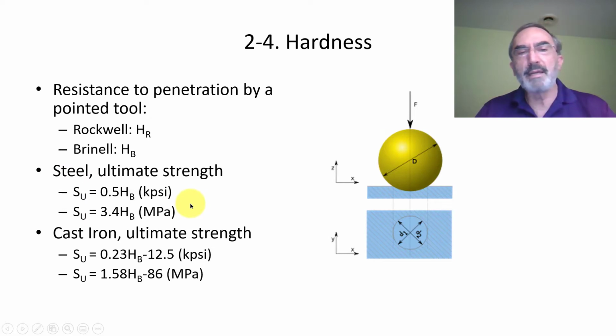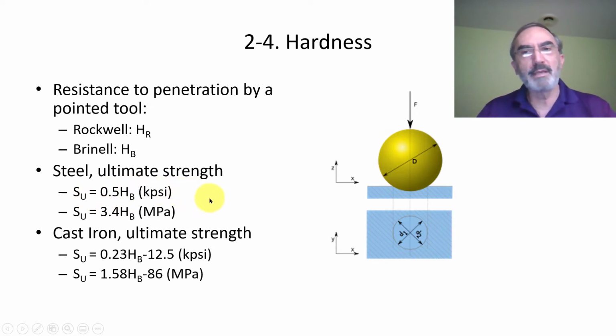These things are called empirical relations, and they're only valid for the material for which they were obtained. So if this is true for some class of material, you have to be careful not to use it for some other class of materials. That means that for newer materials, this expression may not work.